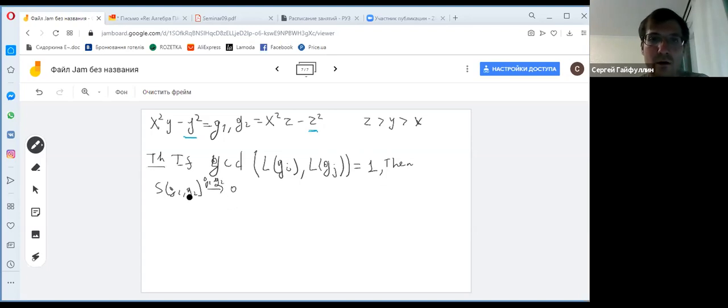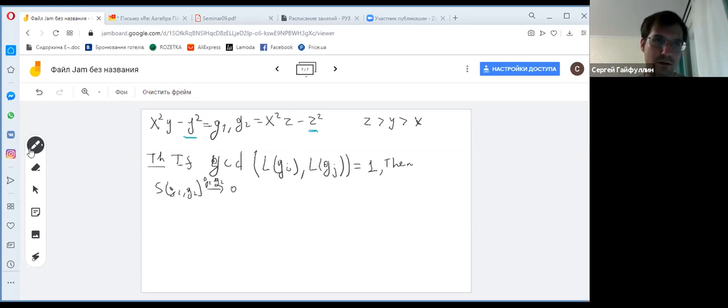Okay, if we use this theorem, then we have these two polynomials. Their leading terms are minus y squared and minus z squared, and they are, of course, relatively prime, and so this is a Gröbner basis.